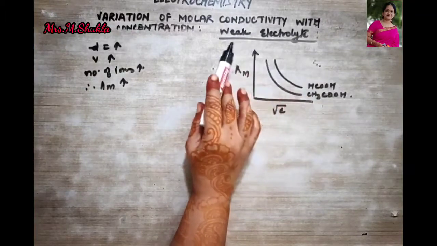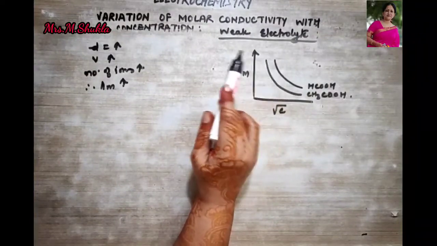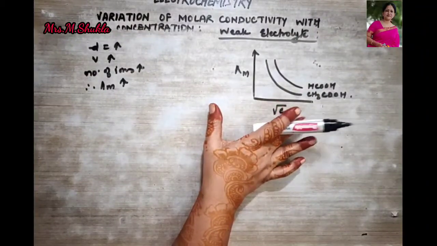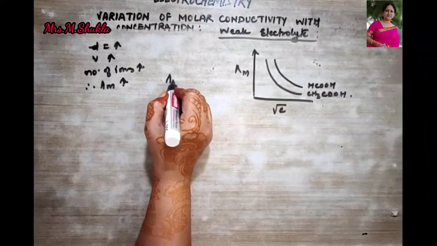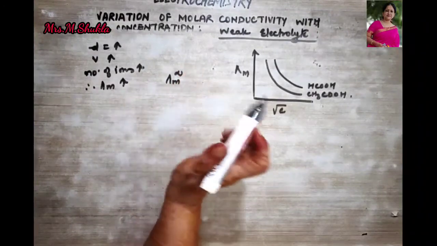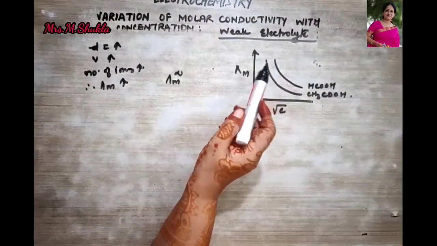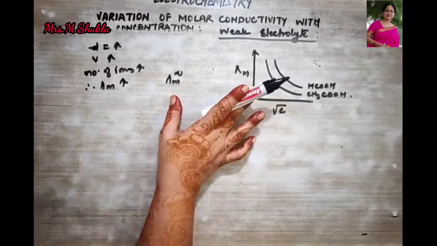Now over here you will not see any straight line, so no equation is given. We cannot calculate the infinite dilution molar conductivity here, as no point coincides with the y-axis, because there is no y-intercept, right?